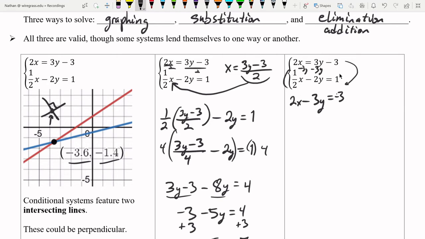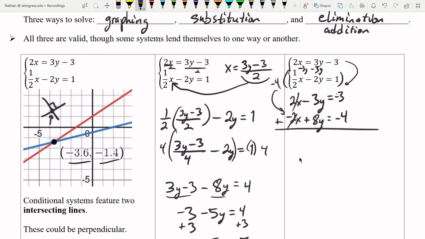I'm going to multiply everything on the top by negative 4, and then write that down here. Negative 4 times 1/2 is going to be negative 2x. Negative 4 times negative 2y is positive 8y. Negative 4 times 1 is negative 4. Now you can see that the x's are the same number, opposite signs, so when I add these two equations together, they cancel.